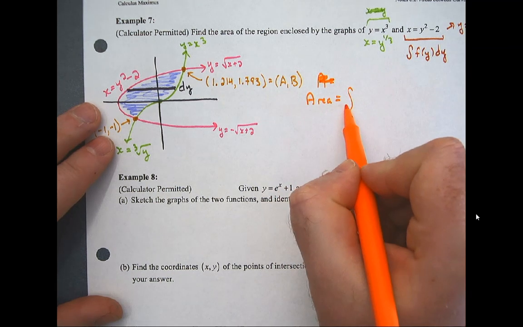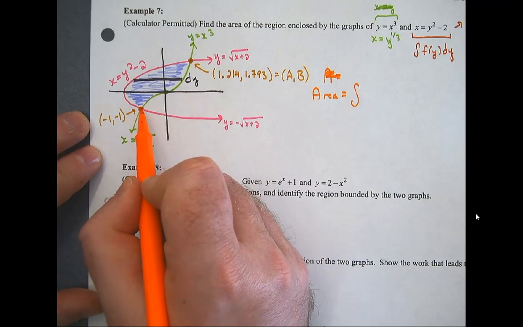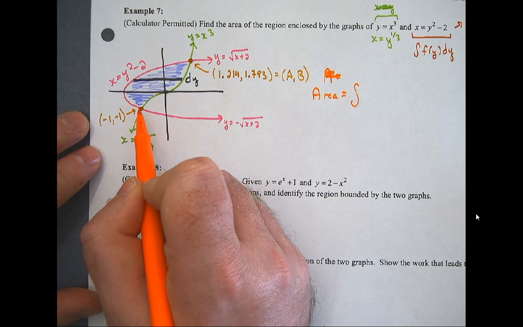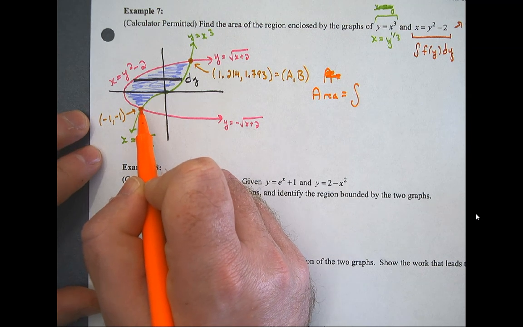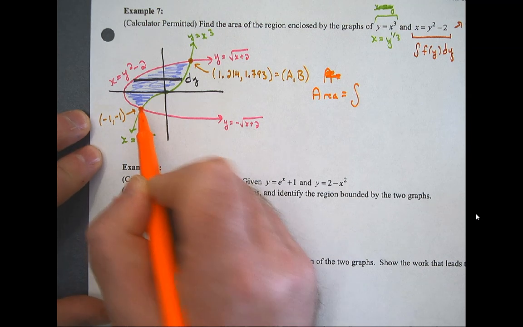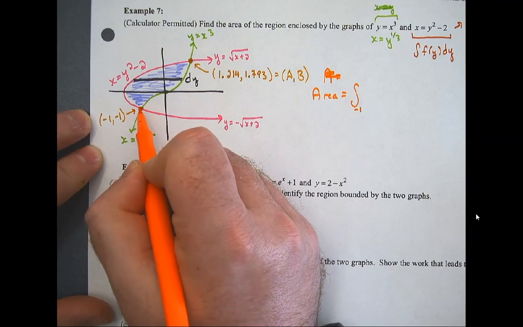Area equals the integral from, okay, what's my low y value? Now, we've got to be careful. This is not a low y value. Wait, yes, it is. Yes, it is. We're okay. That stumped me for a minute. So we want to go from -1 until what's our high y value?